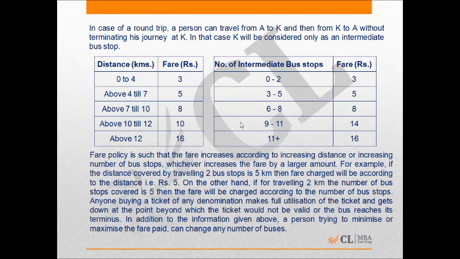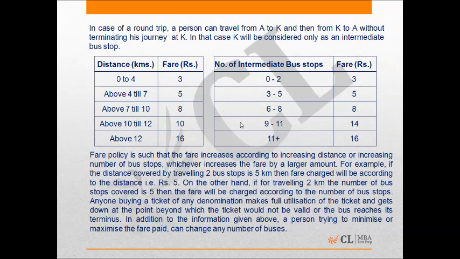For example, if the distance covered by traveling two bus stops is 5 km, then the fare charged will be according to the distance, that is rupees 5. Here a person is traveling a distance which includes two bus stops and a distance of 5 km.